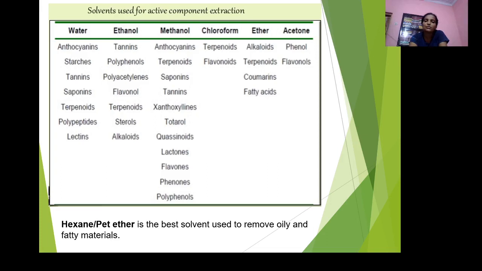Then it is subjected to whichever solvent you have selected for the extraction process. Before that, firstly the pet ether or hexane should be used, then various solvents are used for the extraction process. These are the basic solvents and their criteria we have seen for the extraction process.